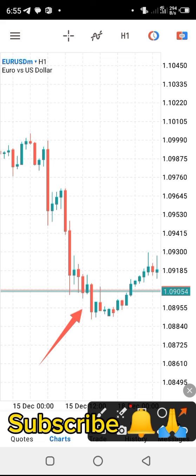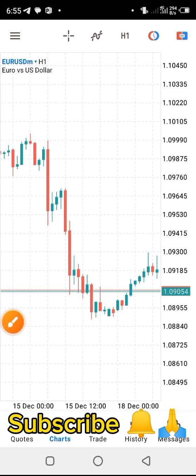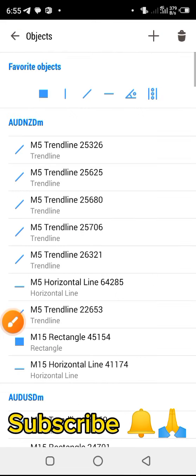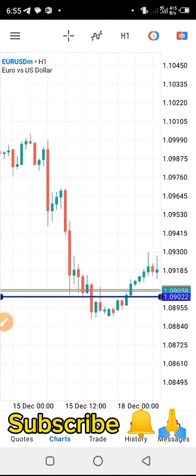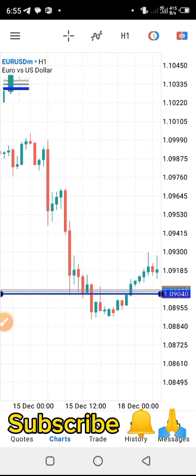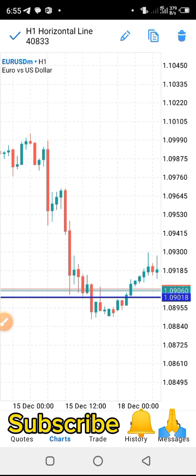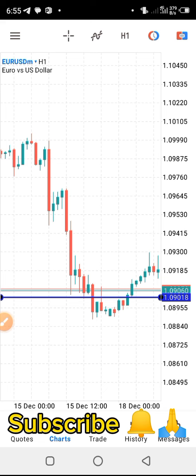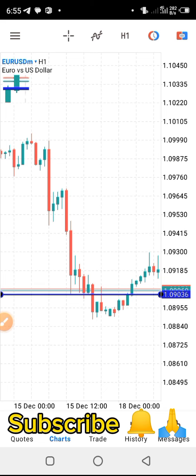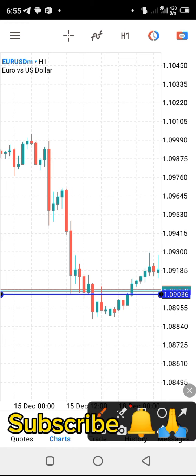So this level, let me get a horizontal line. This is where we have our lower low. You can see this candle broke that lower low and swept whatever liquidity would be here.